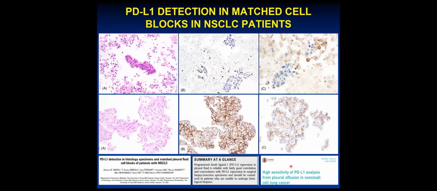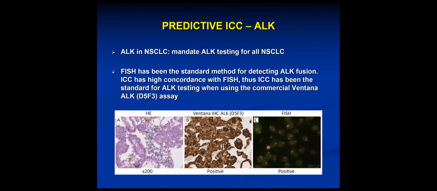So here it shows PD-L1 expression on cell block derived from malignant fluid, demonstrating strong correlation with histological samples. Similarly, ALK IHC or ICC has been the standard for ALK testing, particularly with the commercial Ventana ALK assay, which has high concordance with ALK FISH.